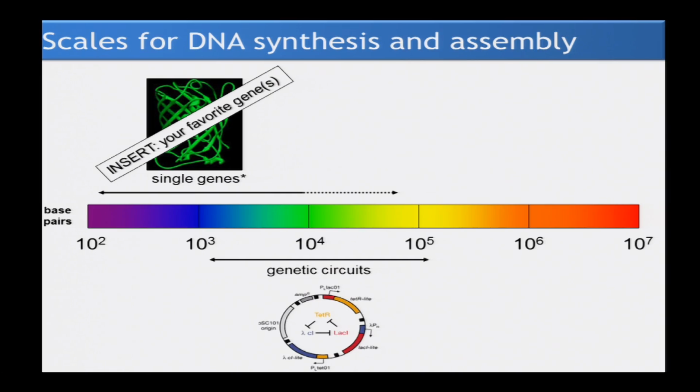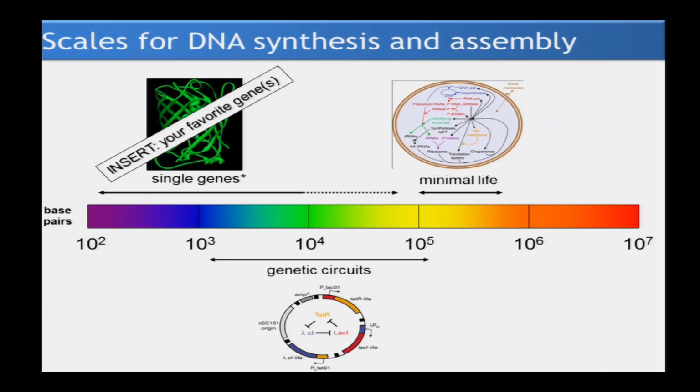But it gets interesting for synthetic biology when we have circuitry, when we embed interactions that didn't previously exist in that particular cell context. Most of synthetic biology has been at this level, mostly from here to here in terms of the scale of the DNA, and now we're trying to go beyond that.